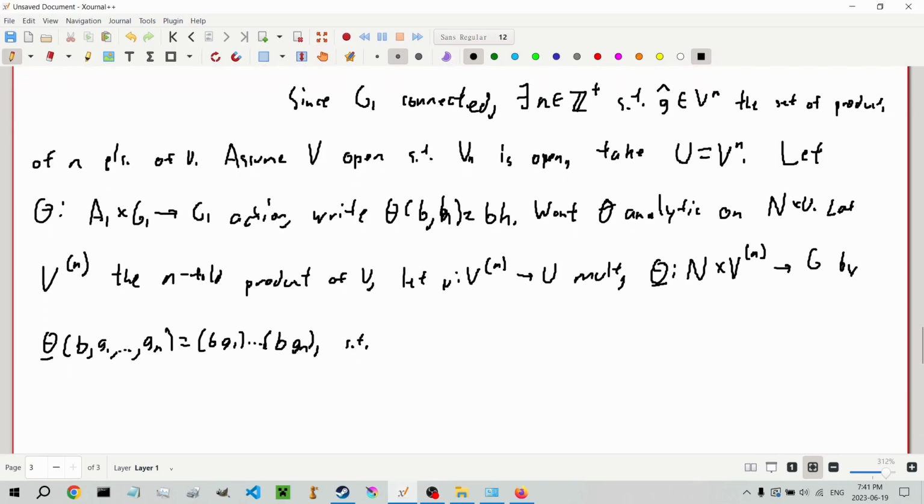So that we have another diagram which we want to commute from n times v to the n.